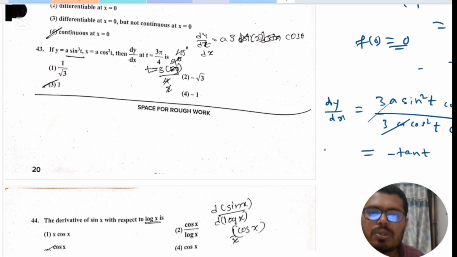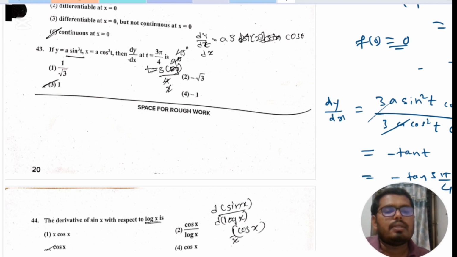Then they ask for the value at 3 pi by 4. Minus tan 3 pi by 4, and tan 3 pi by 4 is tan of pi minus pi by 4.